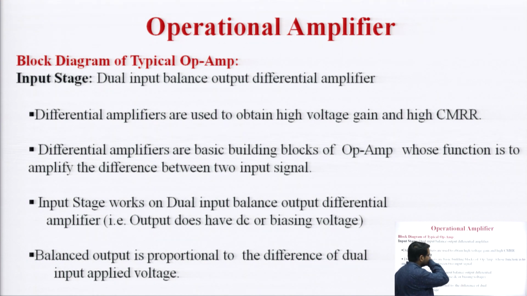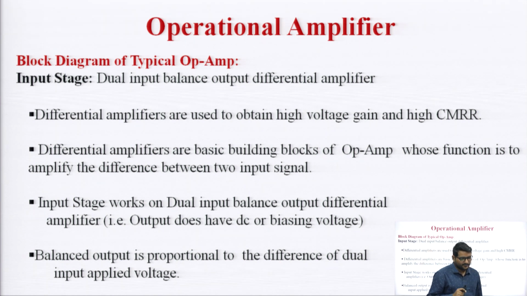The first stage is the dual input balanced output differential amplifier, and the differential amplifier is a basic building block of an operational amplifier. The differential amplifier is used to obtain a high gain, and a high CMRR, common mode rejection ratio, we get with the help of the differential amplifier.